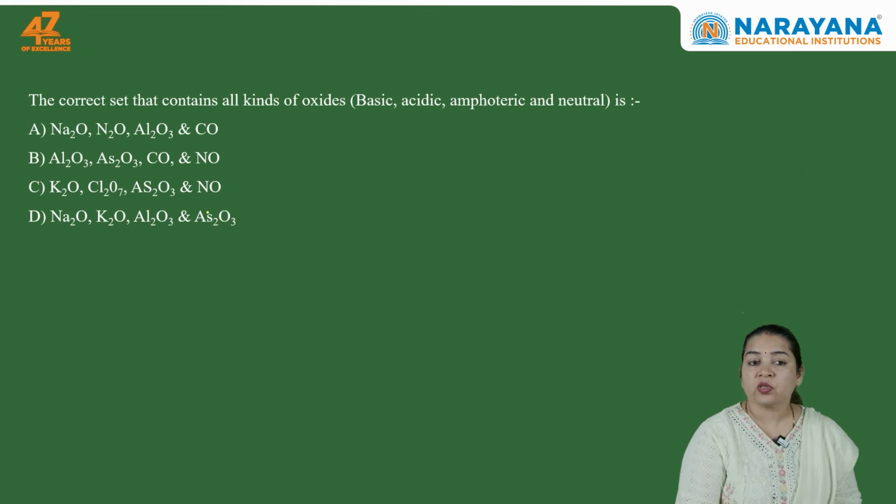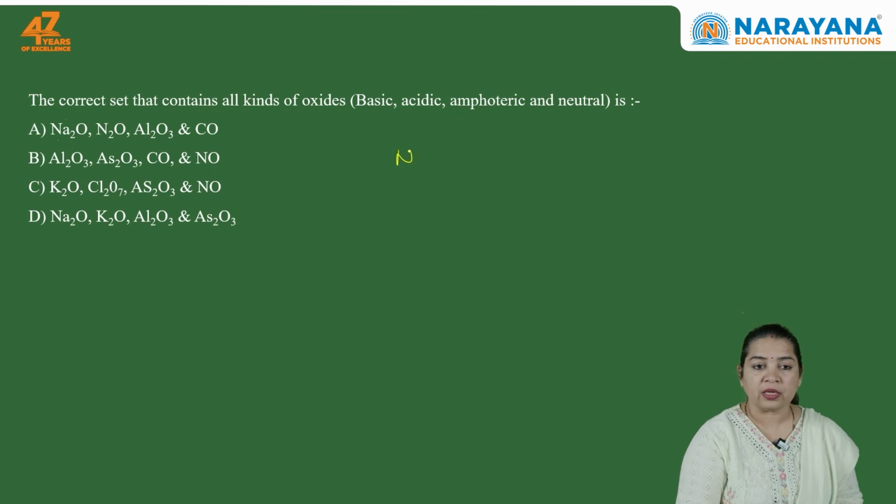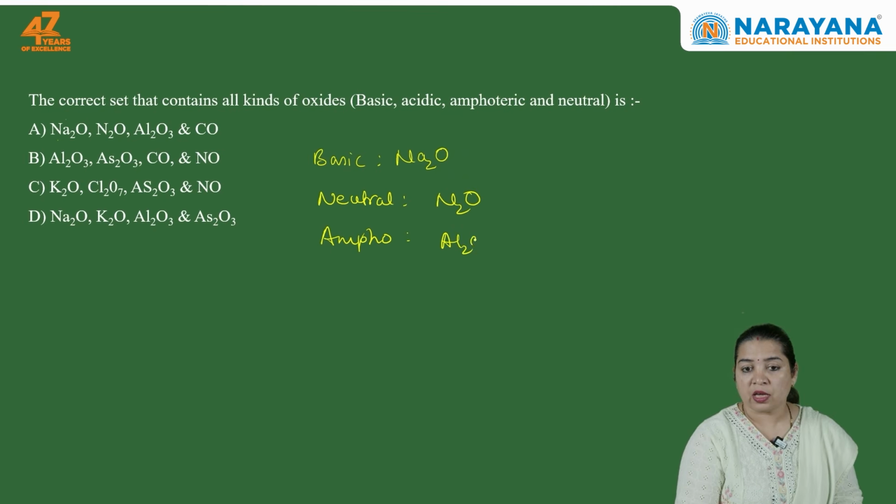Coming to this question, the correct set that contains all kinds of oxides, basic, acidic, amphoteric and neutral is. So let us check each option. This Na2O, let me write here, Na2O is in the list of basic. N2O is neutral, amphoteric, then it is Al2O3.